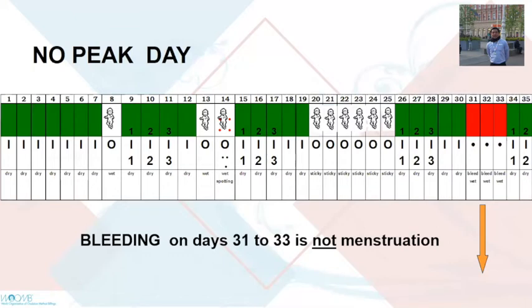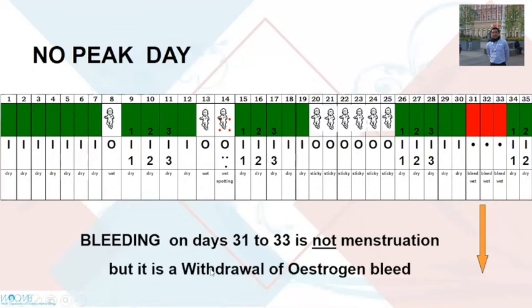It requires medical attention. But it is a withdrawal of estrogen bleed. In short, withdrawal bleeding. In medicine, they try to name it completely, no? Withdrawal of estrogen bleed. Why? Because the cause of withdrawal bleeding is the sudden drop of estrogen. Estrogen did not reach its highest point. Why? Because of certain abnormality.